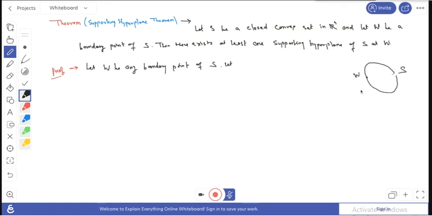We take any point, say yk, which is not in that set S. Okay, and this point yk is in some neighborhood of this point w. So we say that this is an epsilon k neighborhood, where epsilon k equals 1 by k, of this point w. Okay, so let's do this in the next term.